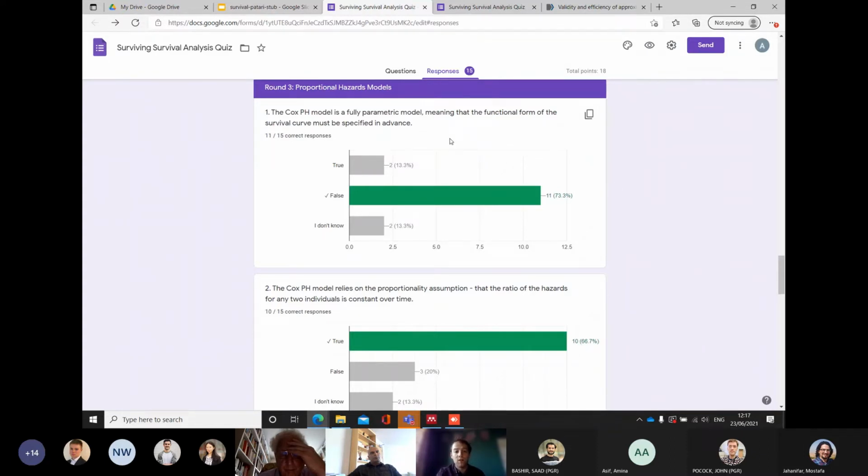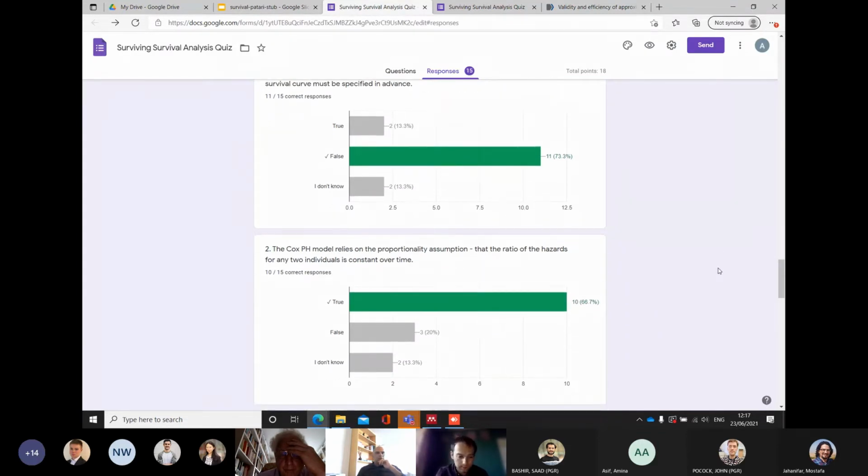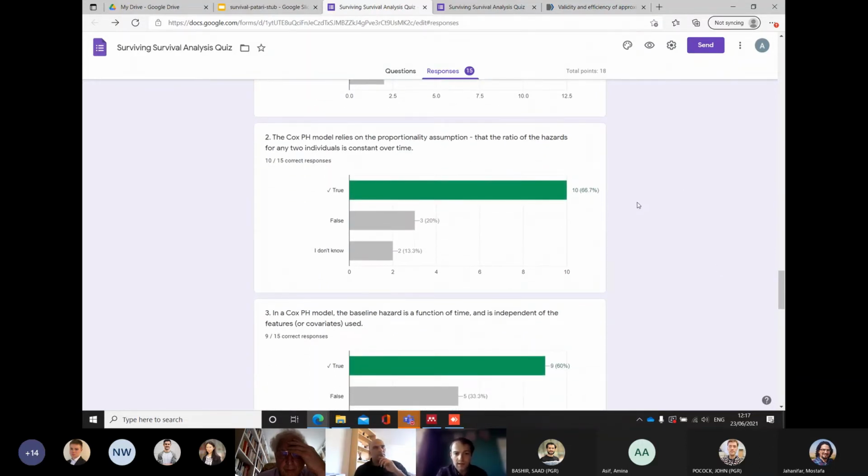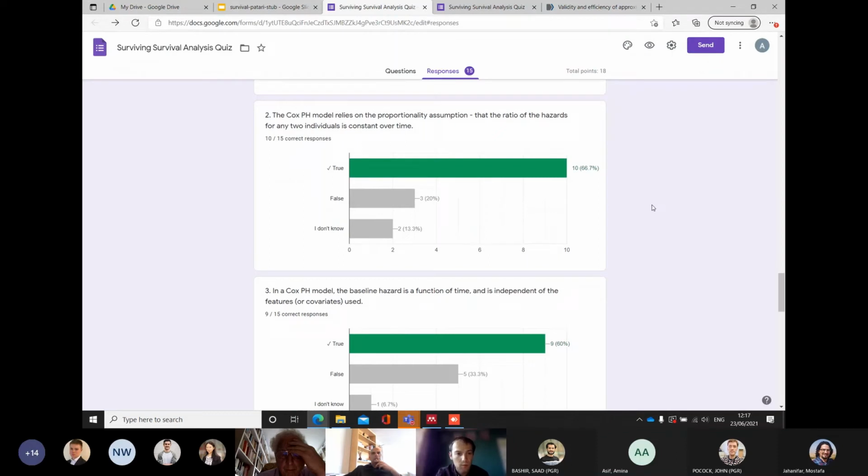If it was a fully parametric model instead, such as fully parametric proportional hazard models that we haven't actually covered today, but we did cover last time, then you specify the functional form of the survival curve. So it might be e to the minus lambda t, or some form of curve like that. So yeah, again with this one, most people got this one right.